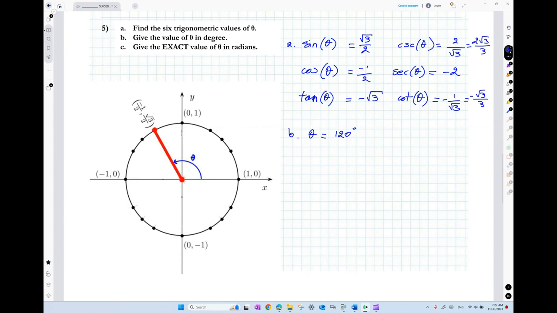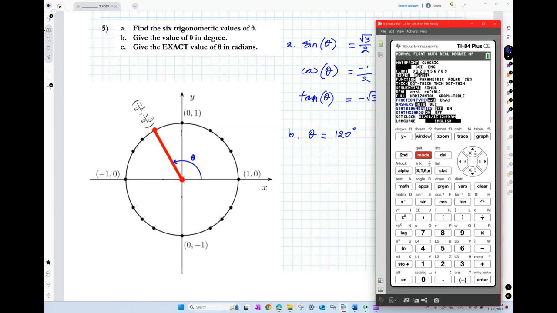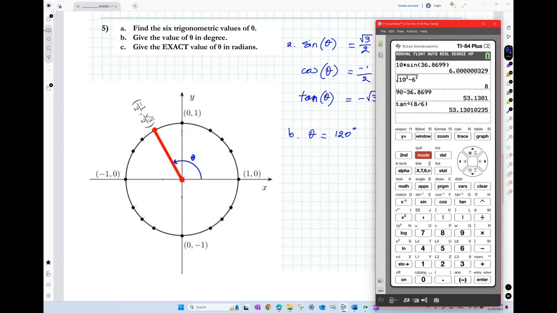Okay, and so if I do that in the calculator, I'm going to stay in degrees, sorry, and I'm going to do second sine to get the sine inverse, and if I type square root of 3 over 2, I will have 60 degrees.